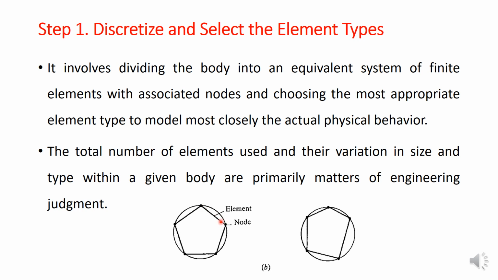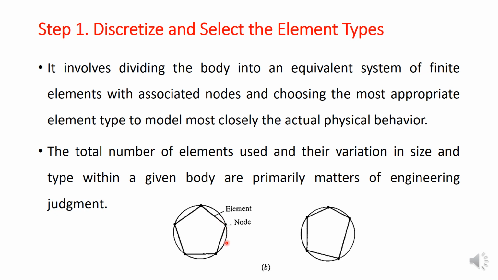Then I'll get the result which is closer to the analytical solution. So depending upon the problem, you can increase the number of elements that you choose for solving the problem. That is what discretization means.